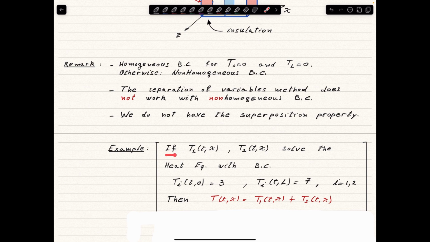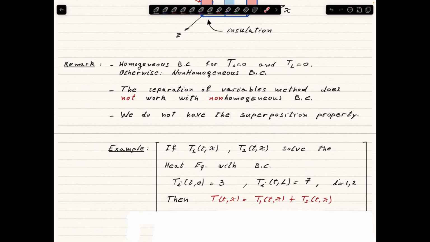Suppose that we have two functions, temperature 1 and temperature 2, describing two situations of the bar. These are temperatures, functions of time and position, that are solutions of the heat equation with non-homogeneous boundary conditions. Suppose that both functions Ti for i equals 1 or 2 satisfy the boundary conditions that at x equals 0 both solutions take the value 3 degrees, and at L both take the value 7 degrees.